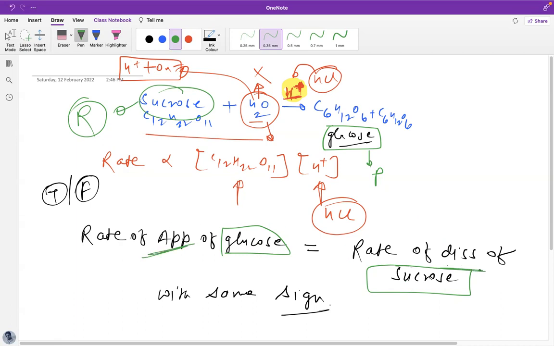Sucrose will disappear, that is fine, but they should have opposite signs. If the sign is opposite, then we can say it is true. Make sense? They can form this type of question in your exam. Any doubt about this?